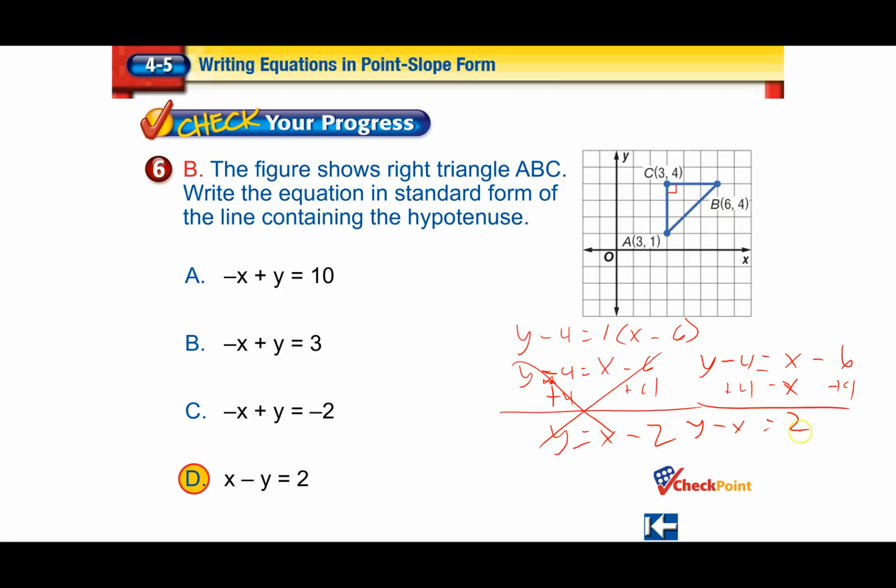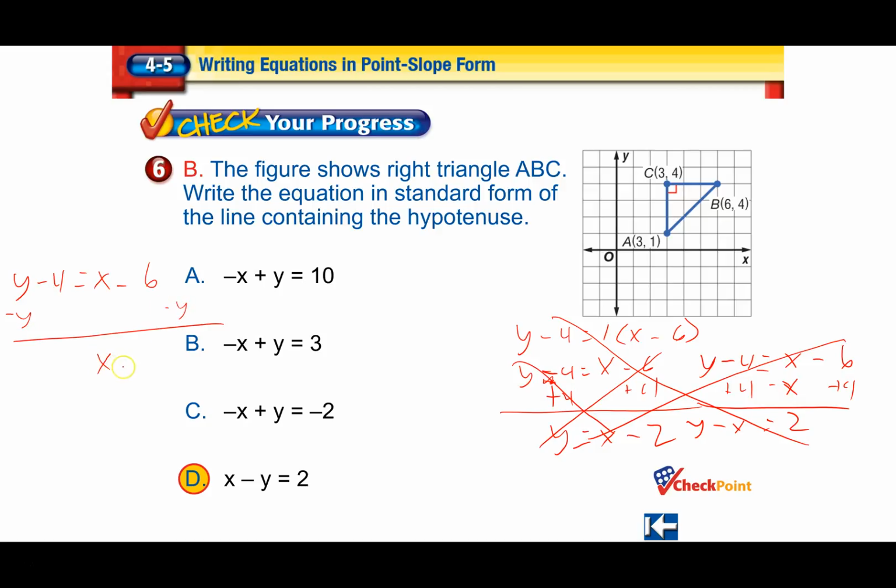Okay, so they actually did the opposite. They took y over and 6 over this way. So they kind of did the opposite here to get this answer. So let's ignore that for just a second. We'll go over here. y minus 4 equals x minus 6. They took y over.